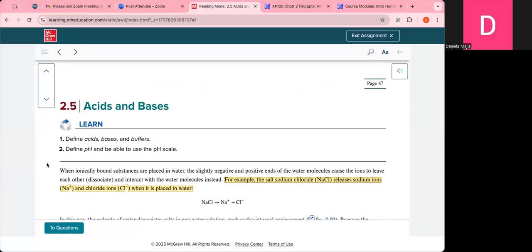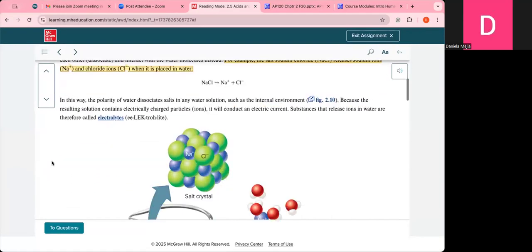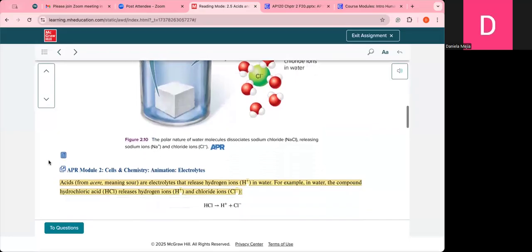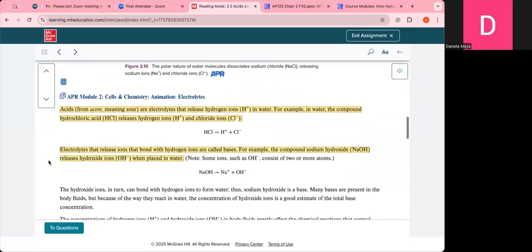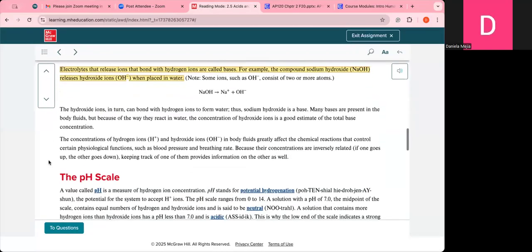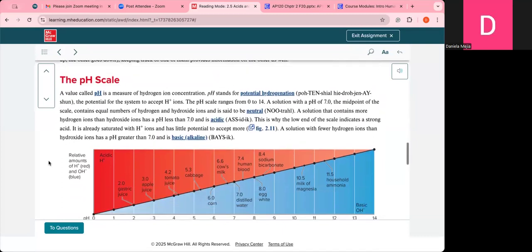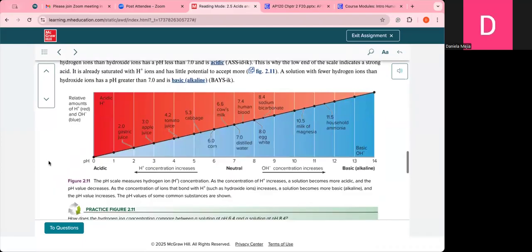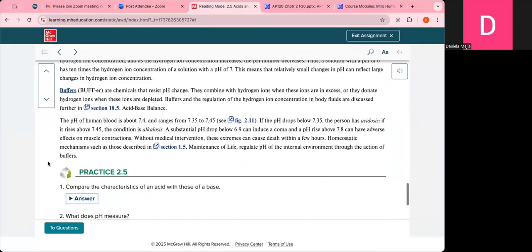Okay, so here we have, okay, that's the first part, that they have to be ionically bonded. Acids we read about before, they release hydrogen ions. Then we have the pH scale, and we're looking for basic. So we want something about bases, right?